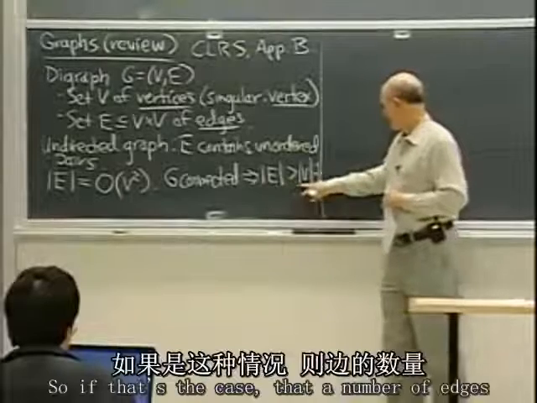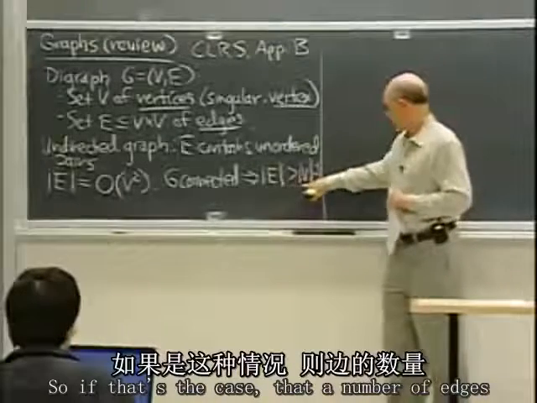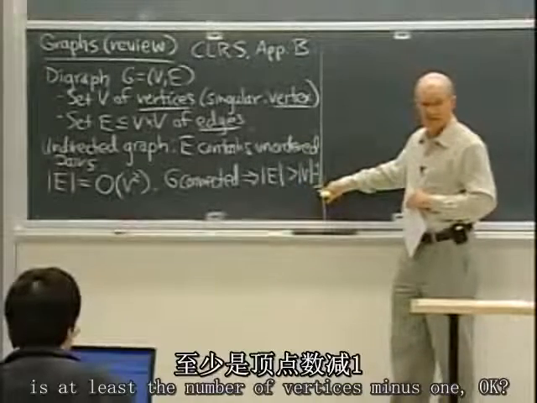That's what it means to be connected. So if that's the case, then the number of edges is at least the number of vertices minus 1.